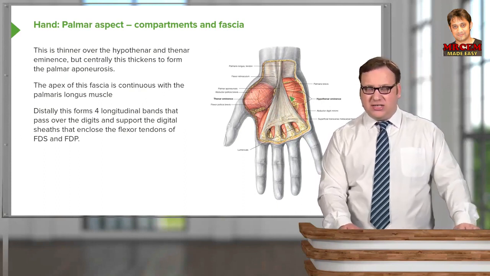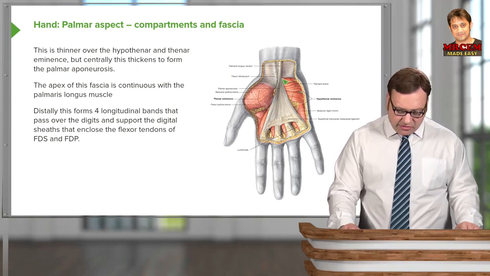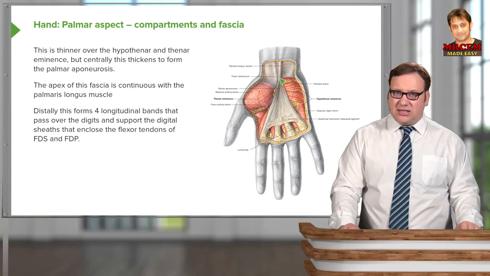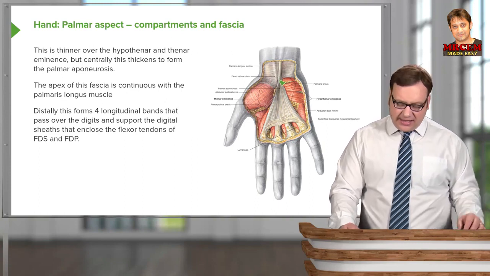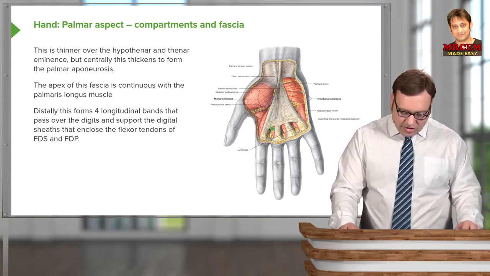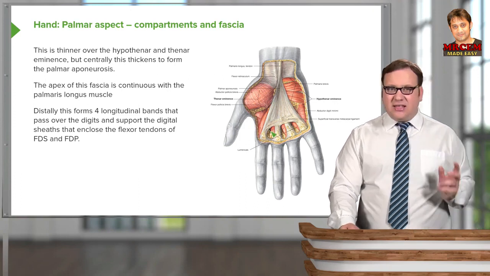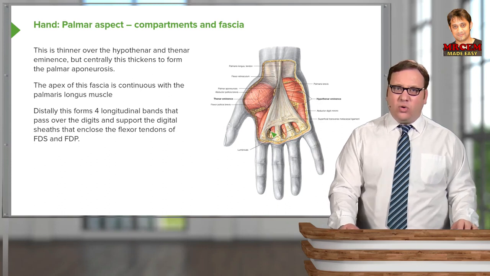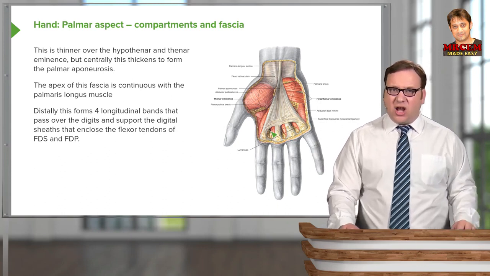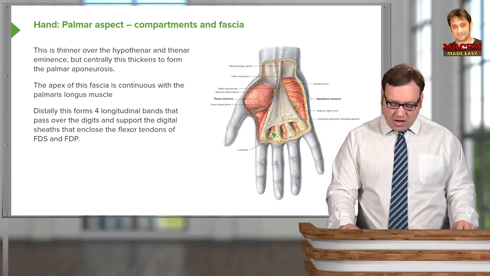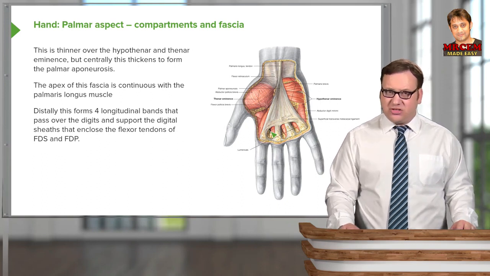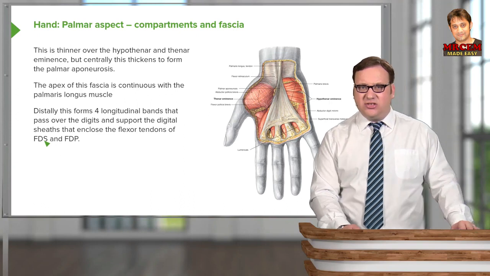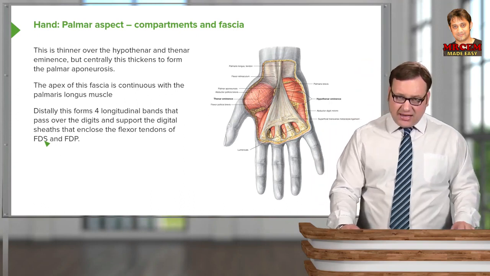palmar aponeurosis. The apex of the palmar aponeurosis here is continuous with the palmaris longus muscle, as I mentioned, and distally it forms 4 longitudinal bands. And these longitudinal bands pass over the digits and support the digital sheaths that enclose the flexor tendons of flexor digitorum superficialis, FDS, and flexor digitorum profundus, FDP.